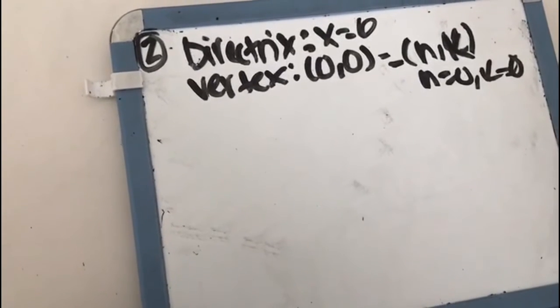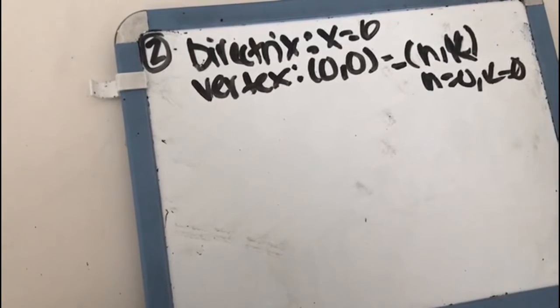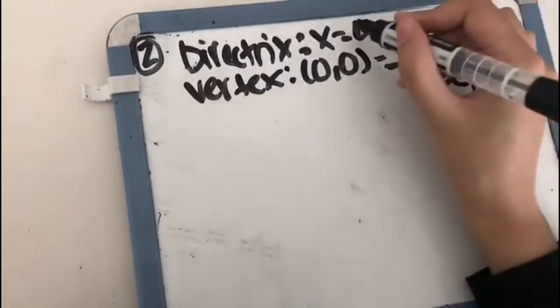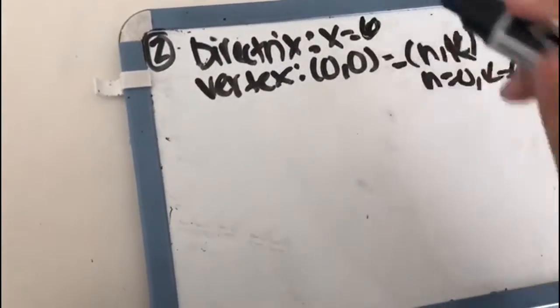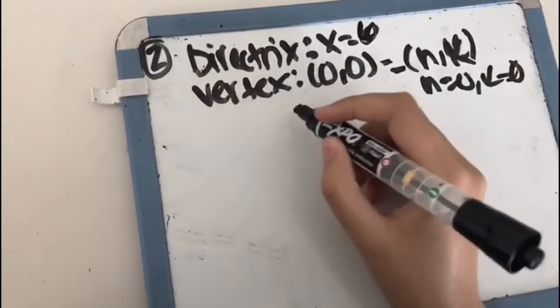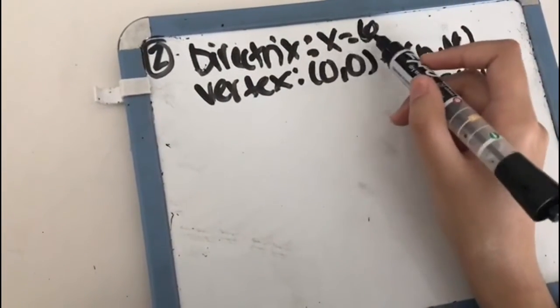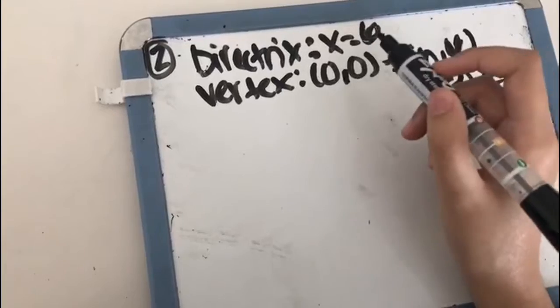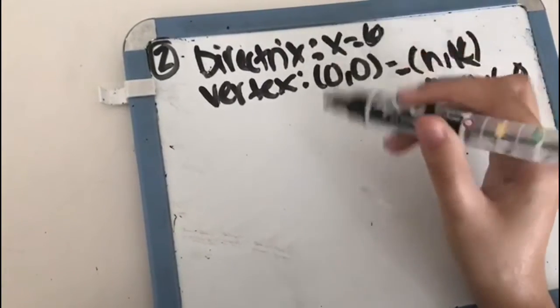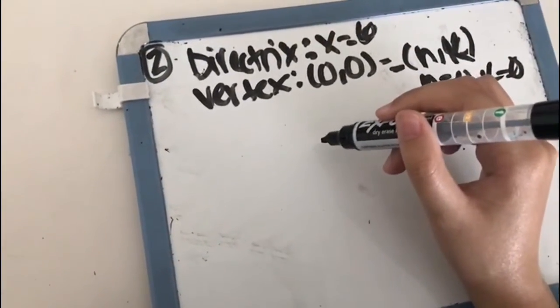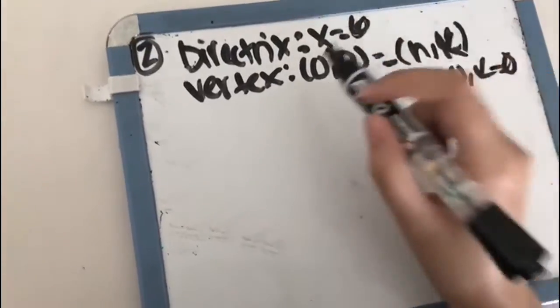Let me see what we have here first. In this problem, you see that x is equal to 6. That means we're going to have to try finding the horizontal axis, since they already found the vertical axis.